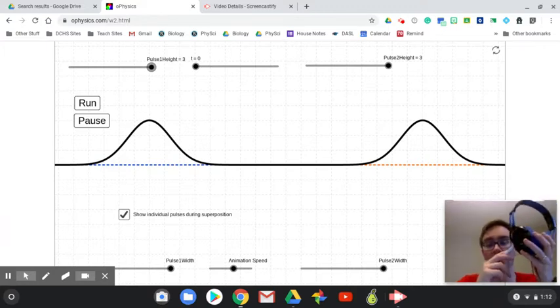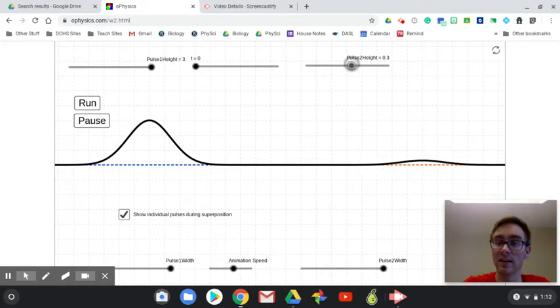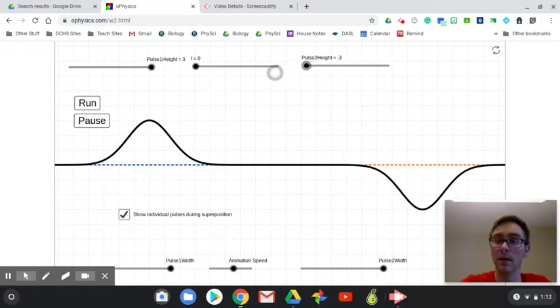What it would do is once it senses that wave, it's going to spit out its opposite wave, or its anti-wave. So if it's got a height of +3, my headphones are going to spit out a wave that is -3.